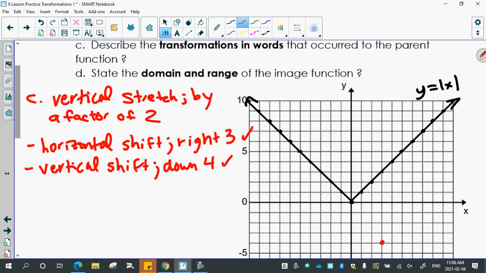Now I just have to apply my vertical stretch when I start drawing the other points. So my overs are still going to be the same, they're not affected, okay, but my ups are going to double. So instead of going up 1, I'm going to go up 2. So over 1, up 2, over 1, up 2, over 1, up 2, and you just keep doing that until you run out of room. For absolute value, make sure you use a ruler.